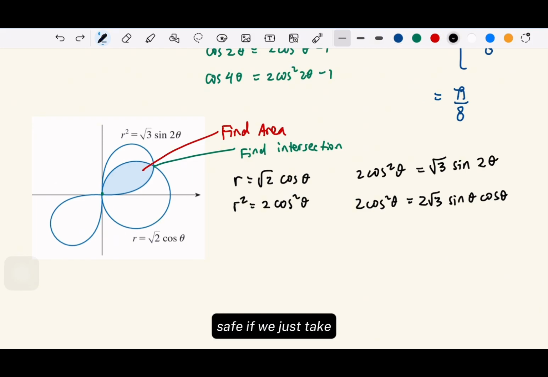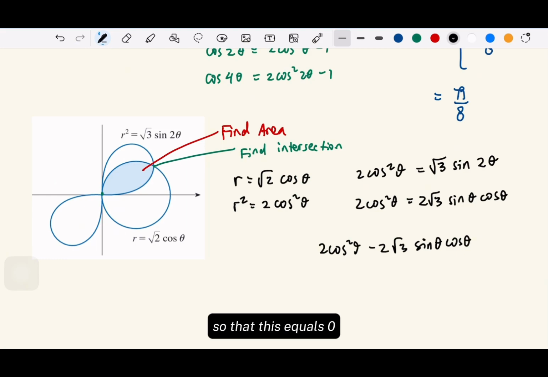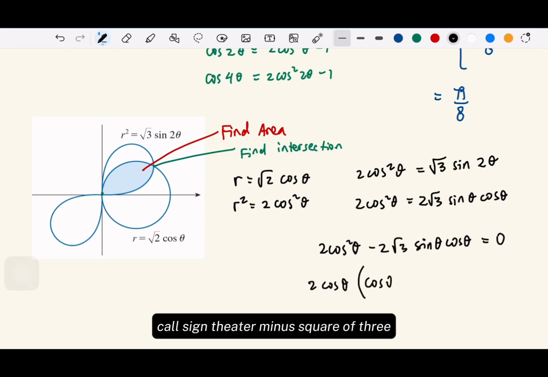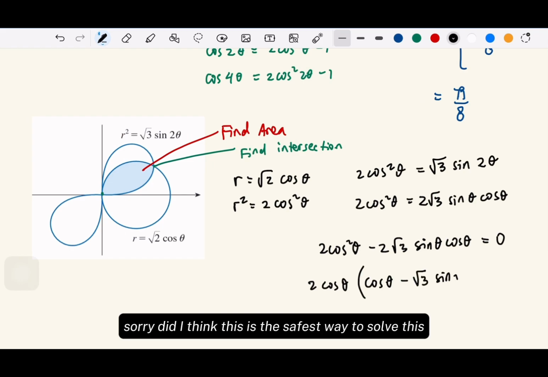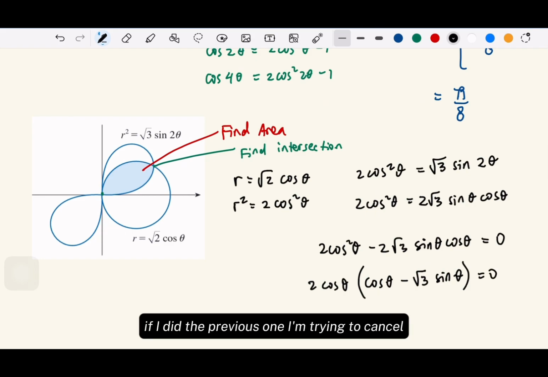I think it's safe if we just take 2 cosine squared theta minus 2 square root of 3 sine theta cosine theta, because I'm afraid they have different values. So let this equal 0, and then we can factor it now: 2 cosine theta times cosine theta minus square root of 3 sine theta. I think this is the safest way to solve this. If I did the previous one and tried to cancel, maybe I would lose some solutions.